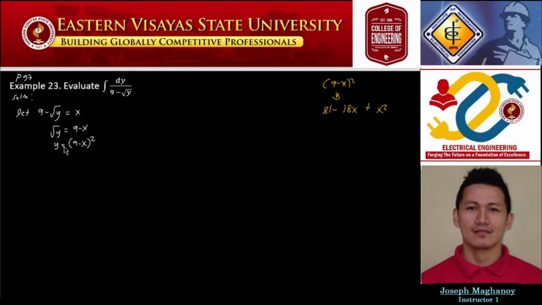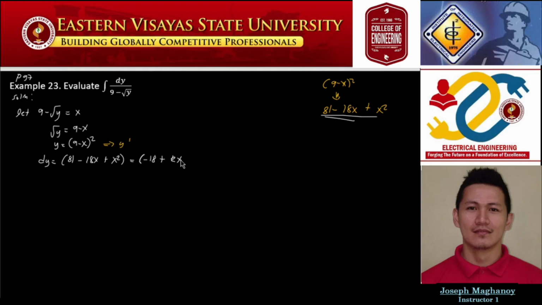So we need to determine the first derivative of your y. Okay. So that's your dy. You need to use the expanded one. Okay. So getting the first derivative of 81 minus 18x plus x squared is equal to negative 18 plus 2x.